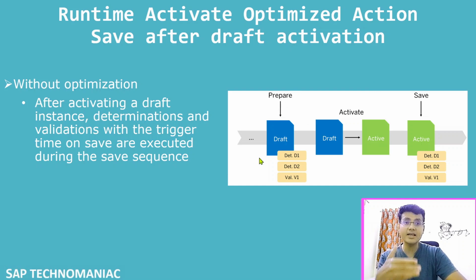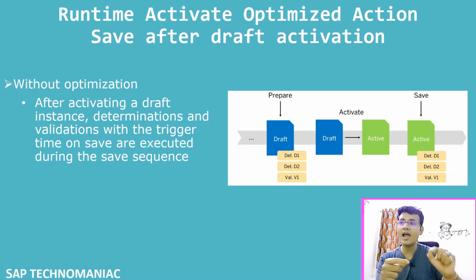During that prepare action, the determinations and validations which we have defined on save will be called. And then we activate the draft instance to the active instance, and we do the commit work, and again those determinations and validations will be called during the save sequence as well. So this is the second way.